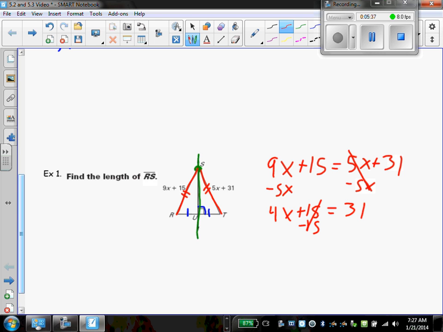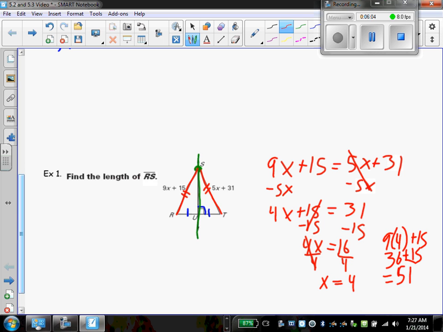Minus 15, minus 15. 4x equals 16. Divide by 4, divide by 4. 16 divided by 4 is 4. So x equals 4. We need to find the length of RS, so we plug 4 in, and we get 9 times 4 plus 15, which gives us 36 plus 15, which is 51. And that's the length of RS.